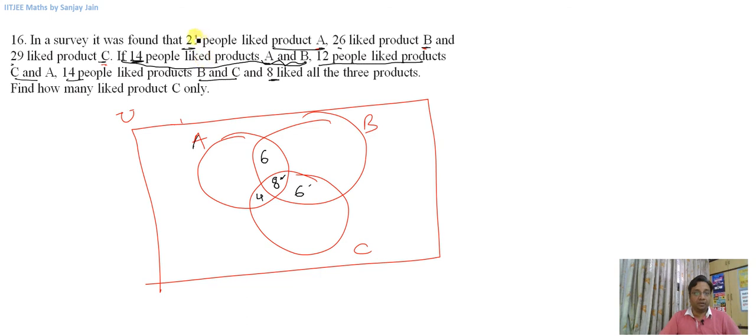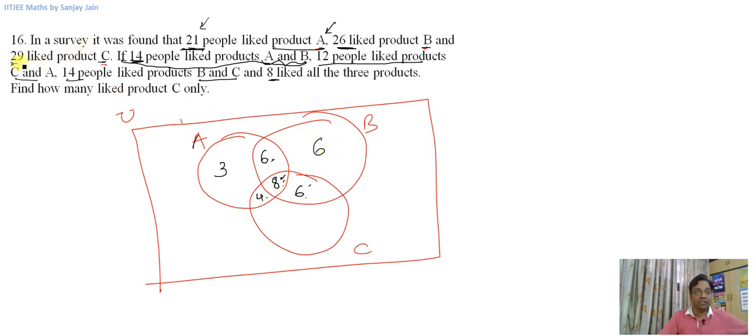Now let us look at these conditions. 21 people liked product A. Out of these 21, 6, 8 and 4 are written here. So 6 plus 4 is 10, plus 8 is 18 already written out of these 21, so the rest 3 will be written here. What about these 26 people who like product B? 6 plus 6 is 12, plus 8 is 20 written here, so 6 will be written here.